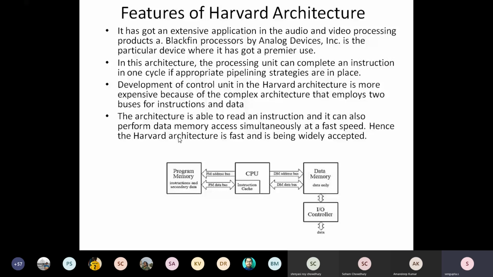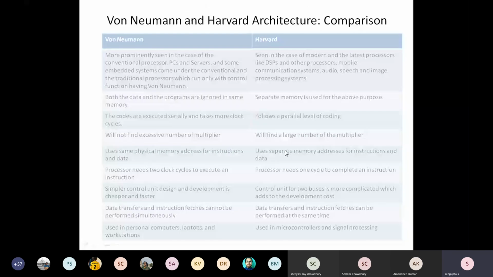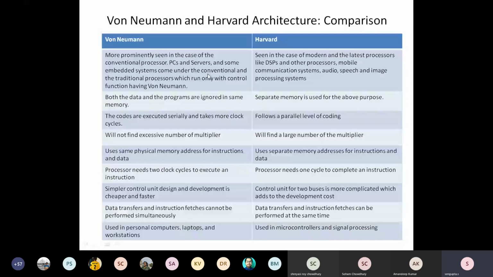So that brings up a comparison between the Harvard architecture and von Neumann. Conventional processors, mostly used in our laptops and PCs, are von Neumann, and Harvard is mostly used in embedded systems like DSPs and other processors for healthcare, automotive, mobile communication, audio, speech, and so on. In von Neumann, both data and instructions are stored in the same memory; in Harvard, a separate memory is used.